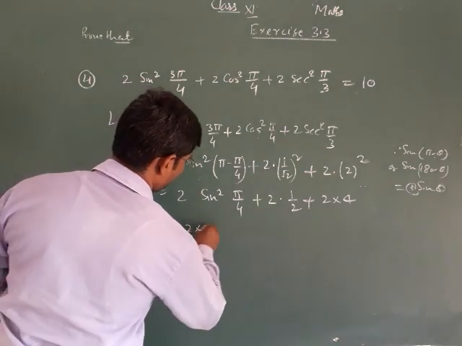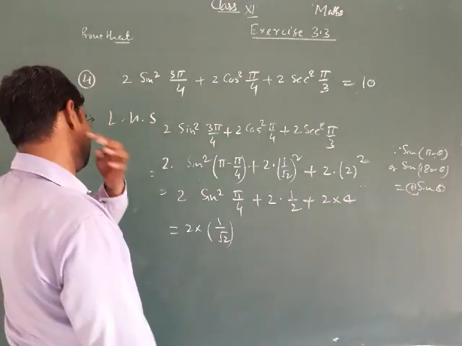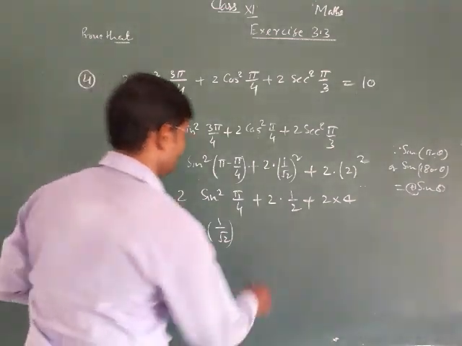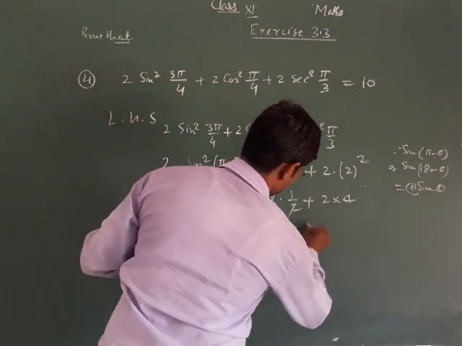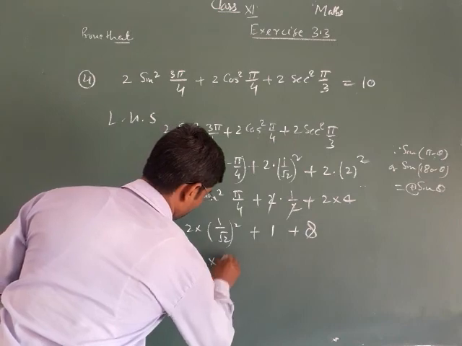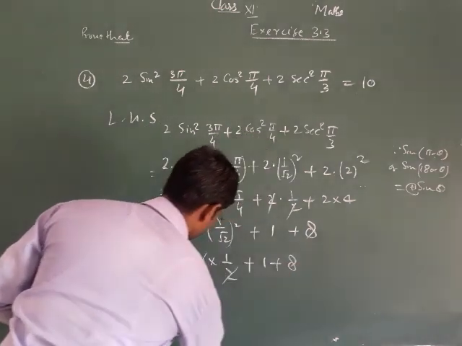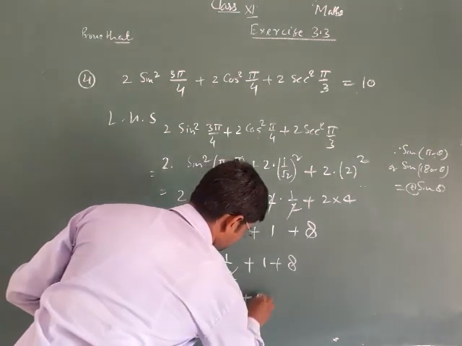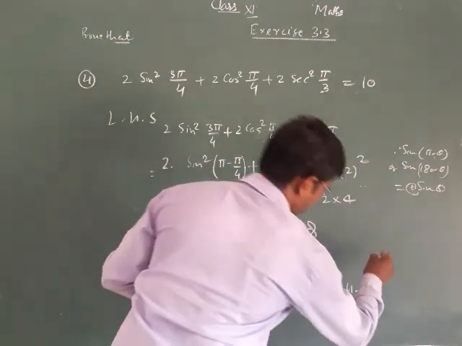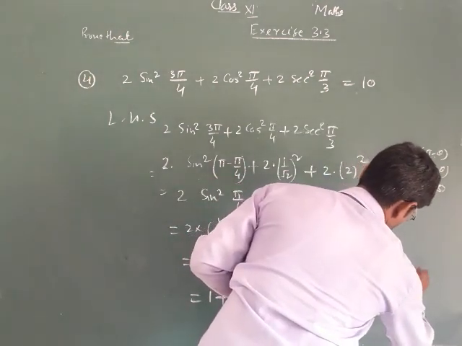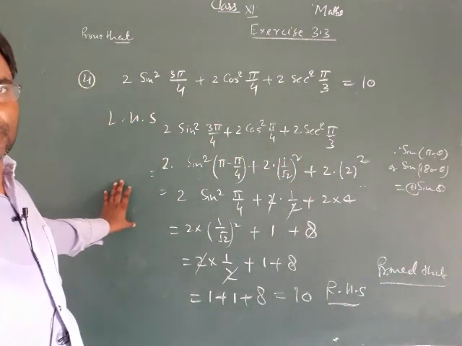And 2 into 1 upon root 2, so sin 45 degree and π/4 means 1 upon root 2 squared, plus 1 plus 8. So 2 into 1/2, this cancels out, plus 1 plus 8, so this is 1 plus 1 plus 8, so this is 10. So this is RHS, proved that. So revise it, that's all, thank you.